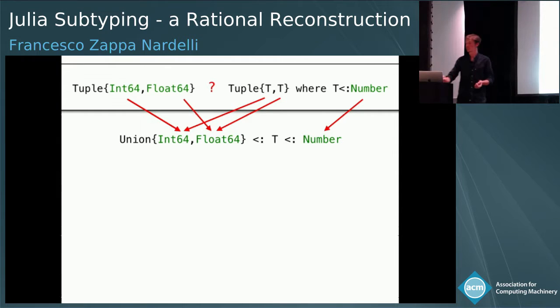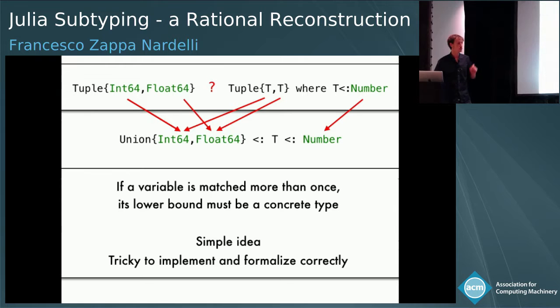So what the Julia developers did, they added one extra constraint, which is called the diagonal rule, that says if during a derivation a type variable is matched more than once, which is the case here, it is matched twice, then its lower bound must be a concrete type. It means its representation must be known and unique. And it does the trick. And it is a very simple idea, which turns out to be quite subtle to implement and to formalize correctly.